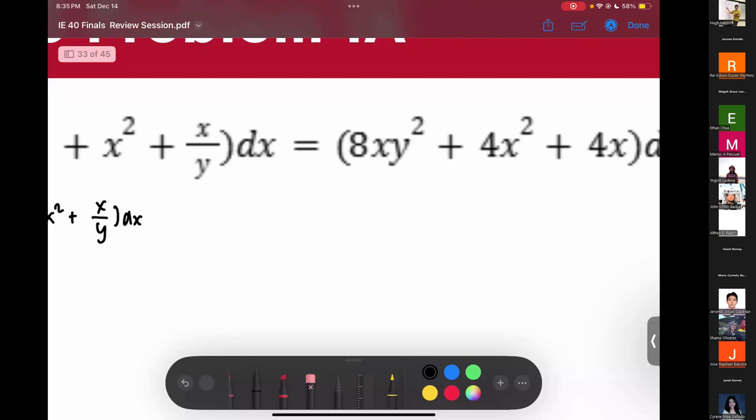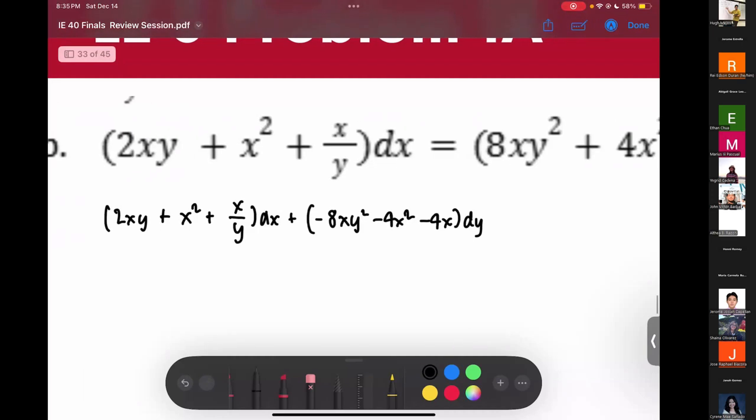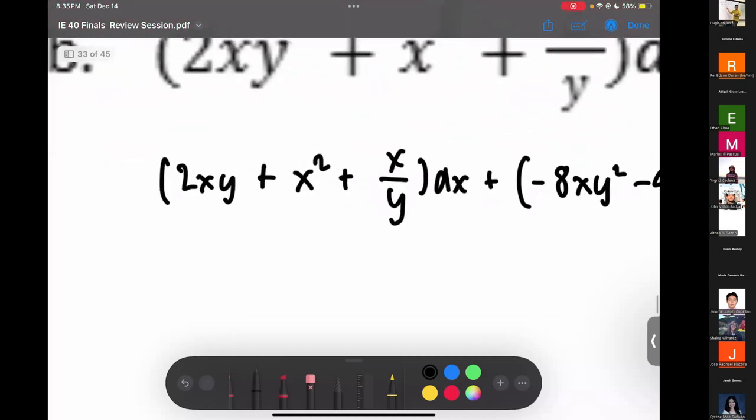So what we're gonna do here is transpose. So maging negative yung whole term. But what I'm gonna do is distribute the whole negative term na. So it becomes negative 8xy squared minus 4x squared minus 4x dy equals 0. Yan. So let's first test if it's varsep, again using the same logic. Syempre this is y to the negative 1, and you have y to the positive 1.